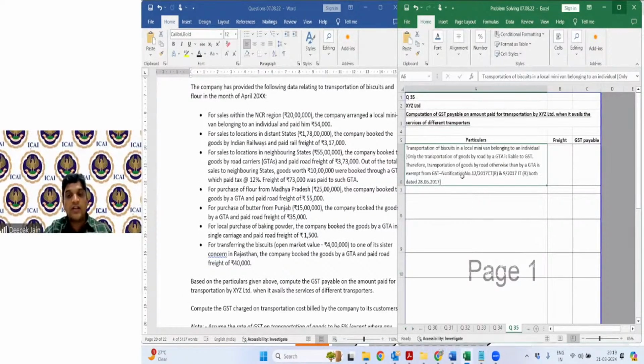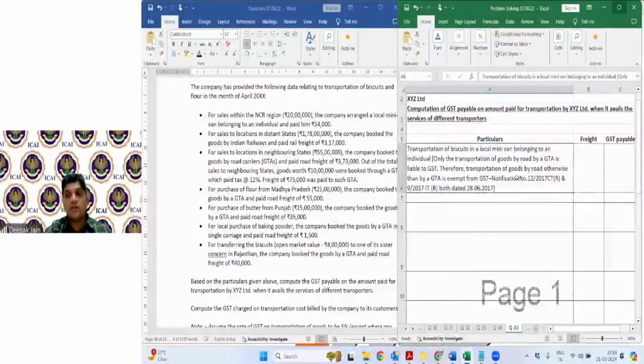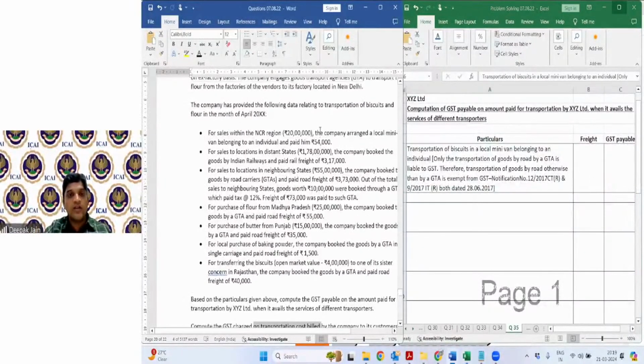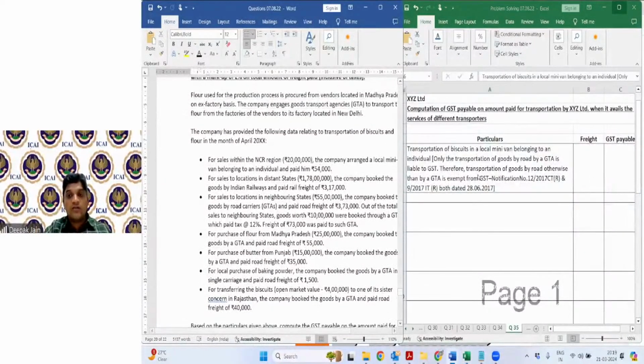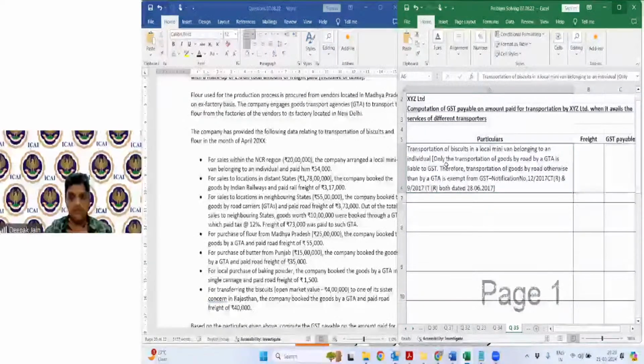First, transportation of biscuits in a local minivan belonging to an individual. Only the transportation of goods by road by a GTA is liable to GST. Therefore, transportation of goods by road otherwise than by a GTA is exempt.